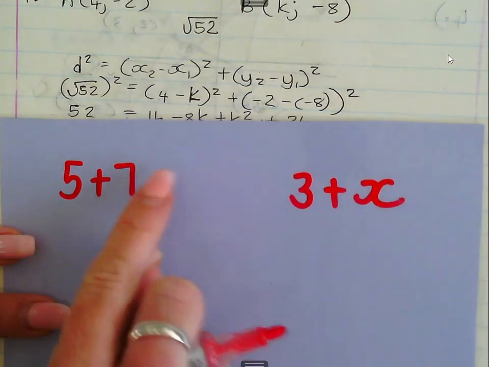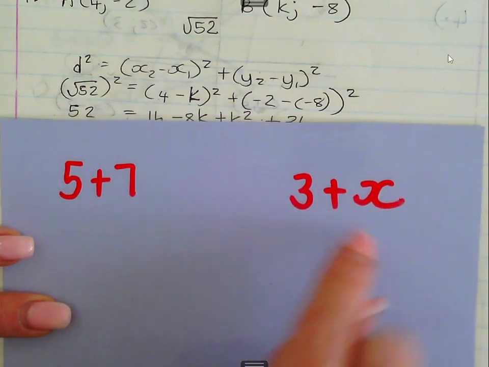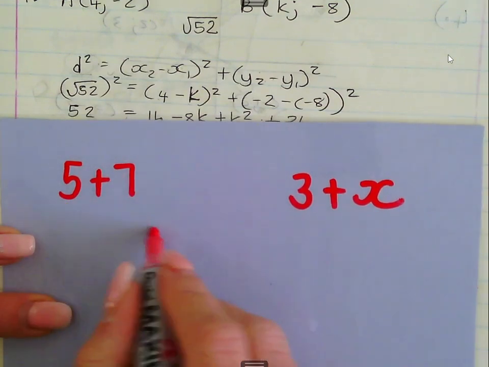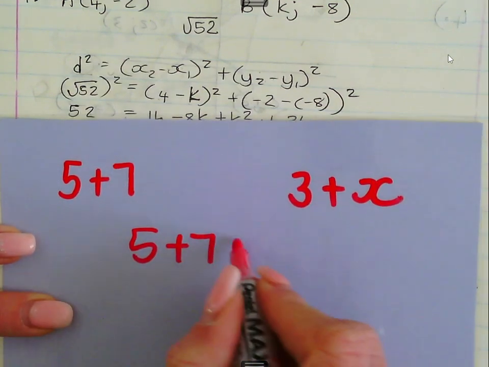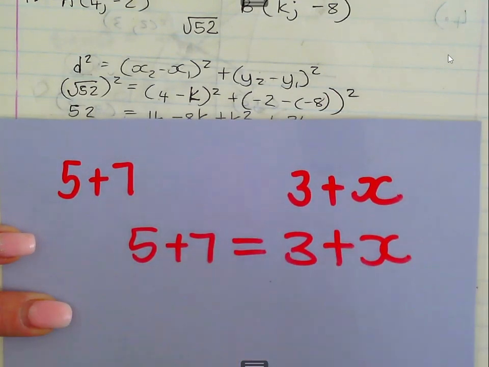I haven't told you what 5 plus 7 is, and I haven't told you what plus 3 will give you the same answer. But what I'm saying is if you take 5 plus 7 and you let it be equal to 3 plus x, then I can solve for x.